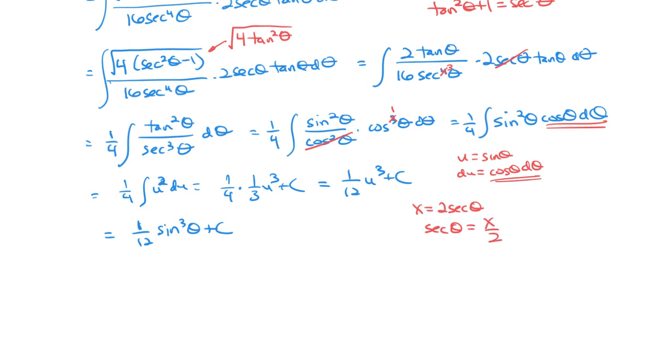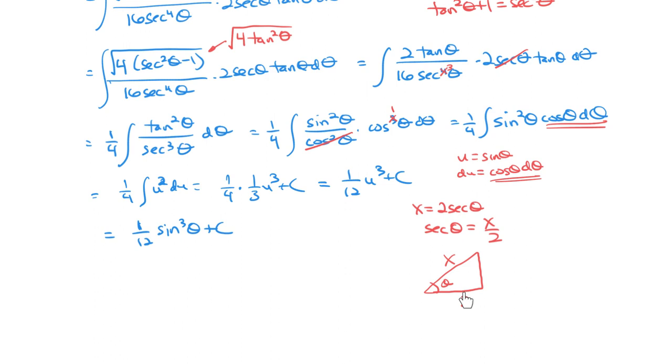So if secant theta equals x over 2, we can draw our triangle here. Here's theta. I'm not even going to think of secant; I'm going to think of cosine, because I never really think of secant. I just use sine, cosine, and tangent. Secant is x over 2, so its reciprocal function cosine would be 2 over x.